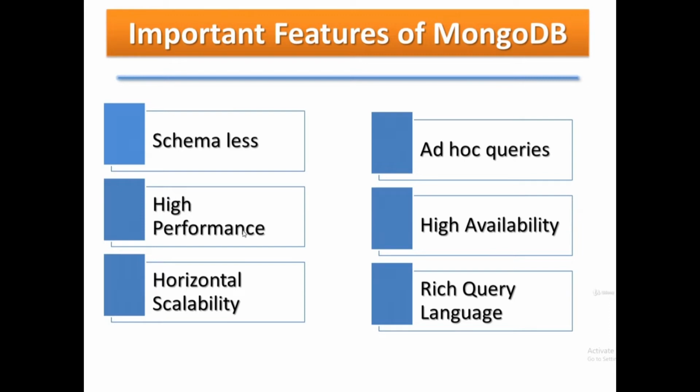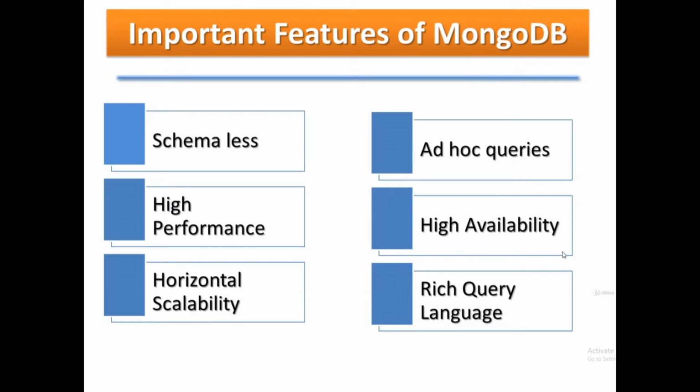The next feature is high performance. The input-output operations are very few in MongoDB as compared to relational databases, and this is possible due to the support of embedded documents. This improves the performance. Another feature available in MongoDB is indexes, which help with faster queries.